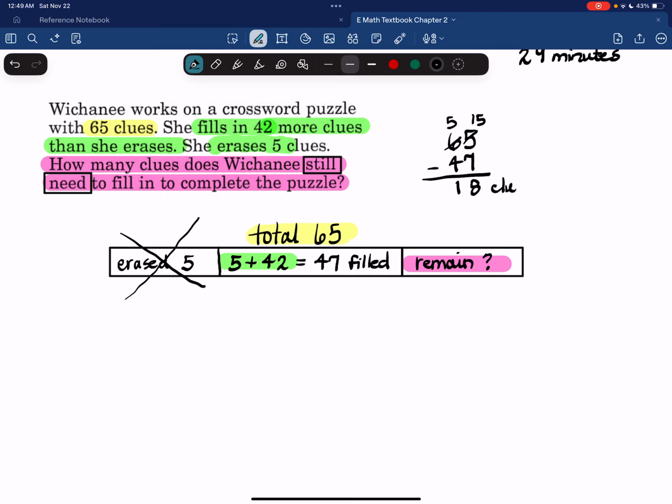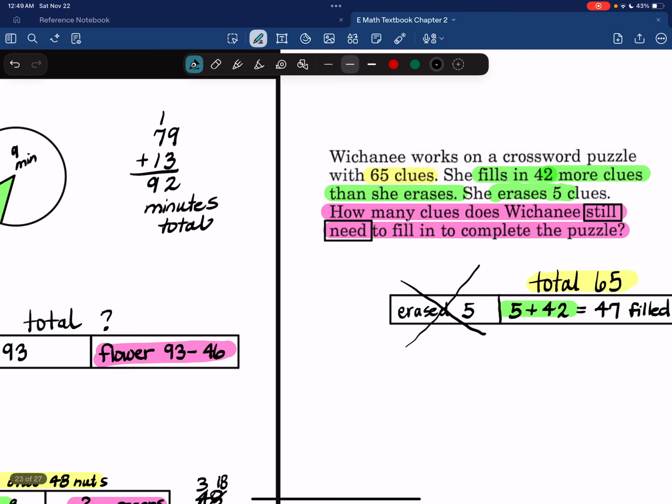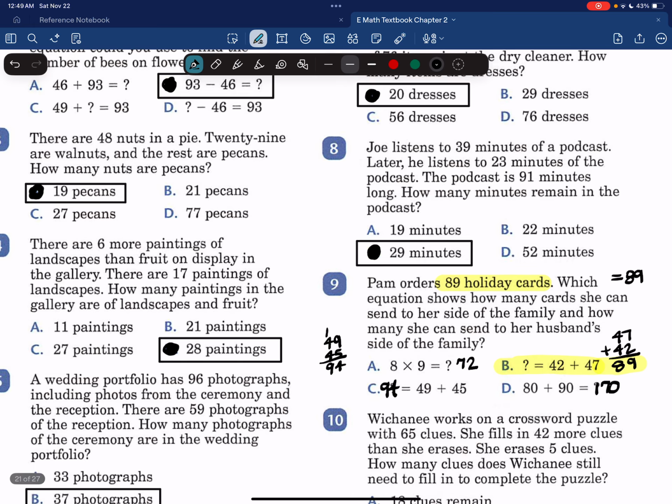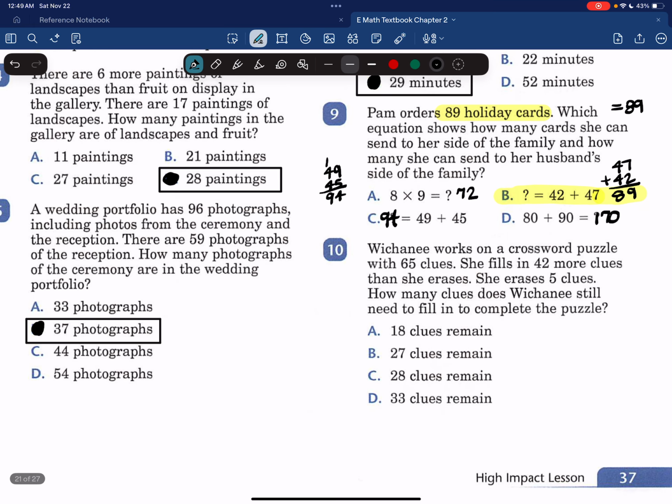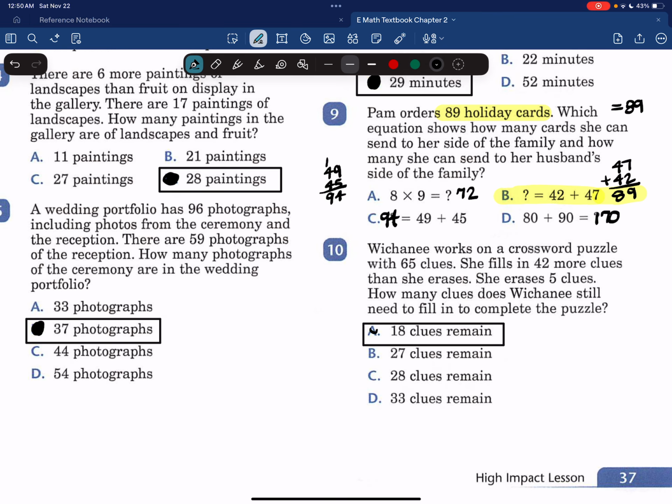So 18 clues remain. And that should be, I keep going back to our reference book because I'm sleepy. 18 clues remain. A as in apple.